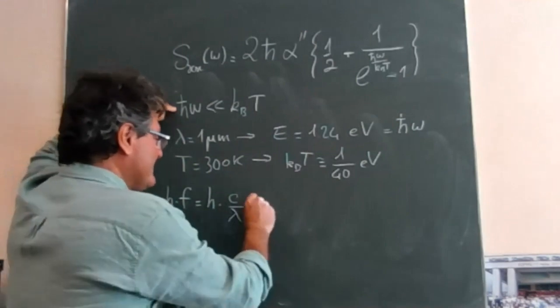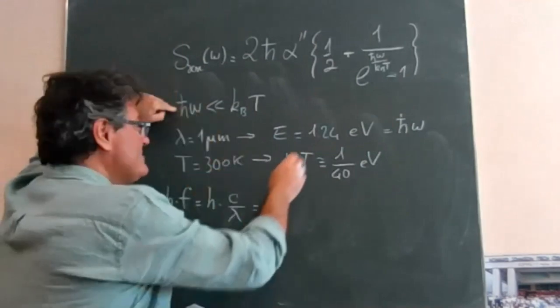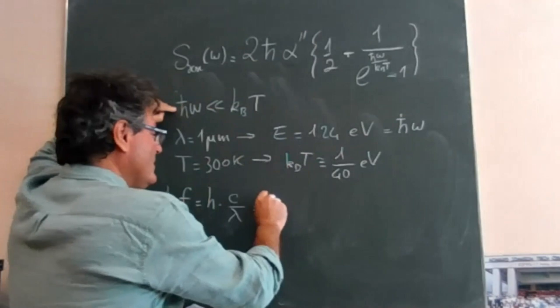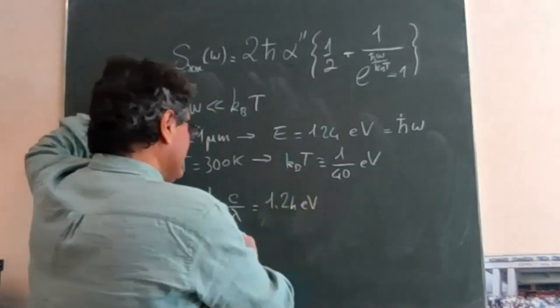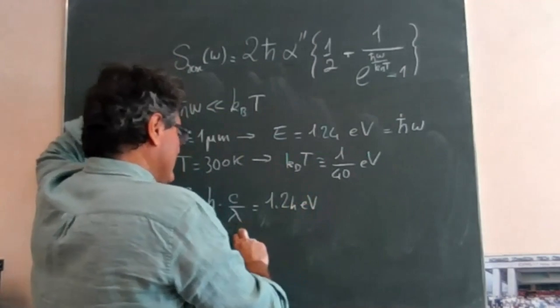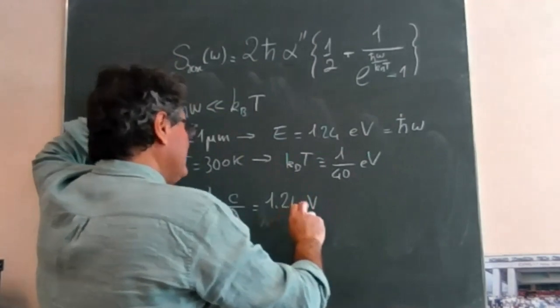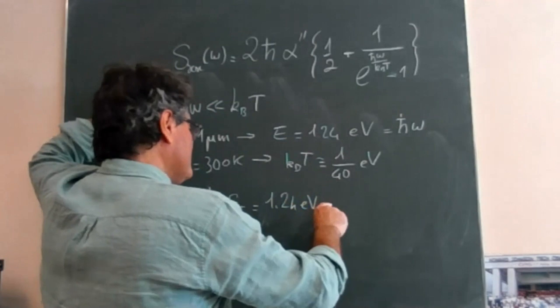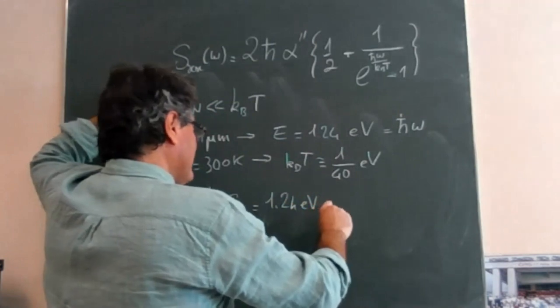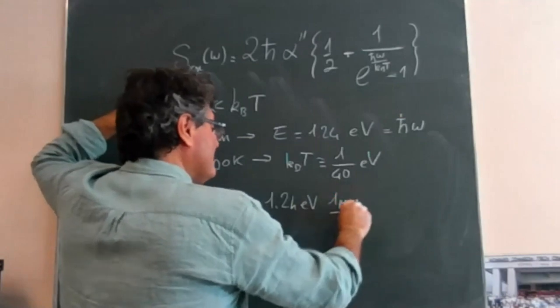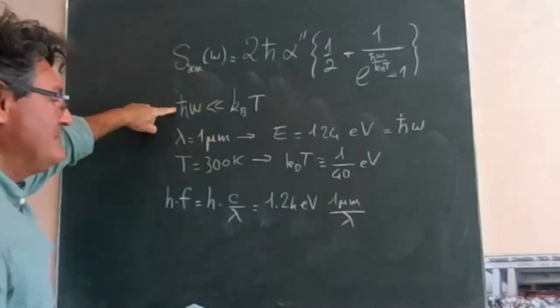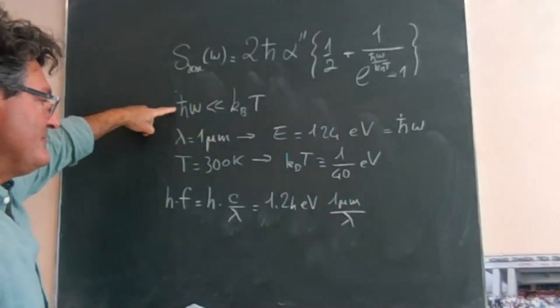So this corresponds to 1.24 electron volts when lambda is 1 micron, so we can write 1 micron divided by lambda.